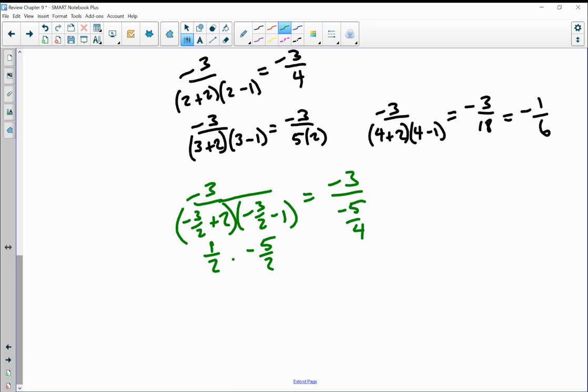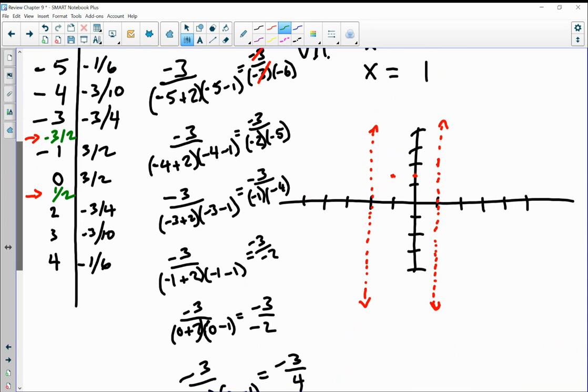Negative divided by negative is positive. So then we have 3 divided by 5/4, or 3 times 4/5. So that would be 12/5, in other words, 2 and 2/5.